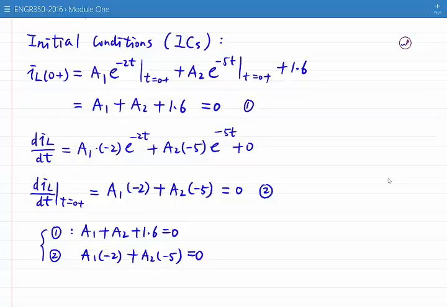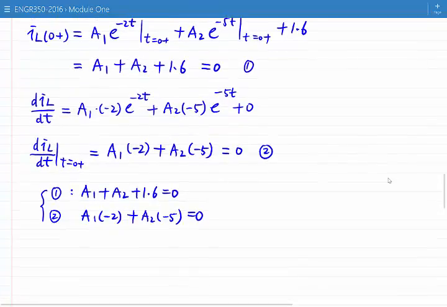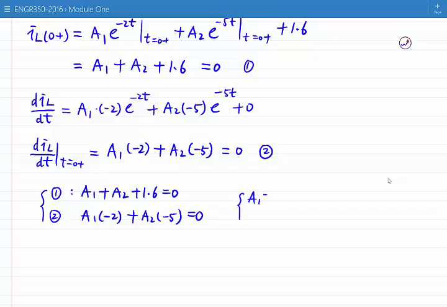So we can solve for it. I write directly the solution, but you can verify that it's simple. A1 is minus 8 over 3. A2 is equal to 16 over 15.